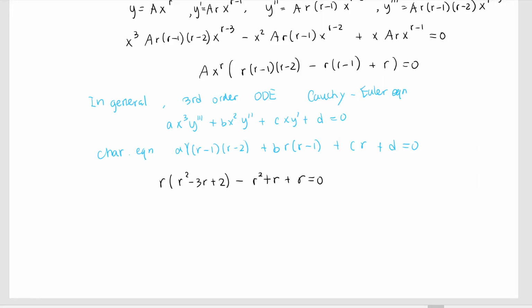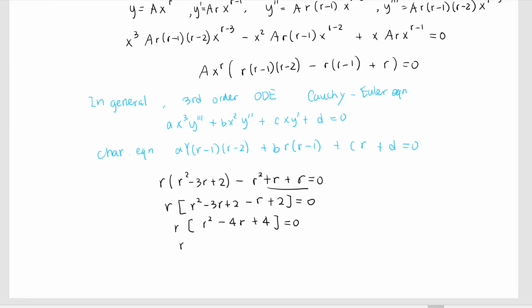Can you see we have a common factor r? Our goal is to factor it completely and then find the roots. Because all the terms have the r, let's factor that out. Here we can combine them as 2r. We factor out the r, we get 2. So we have r times (r squared minus 4r plus 4) equal to 0.